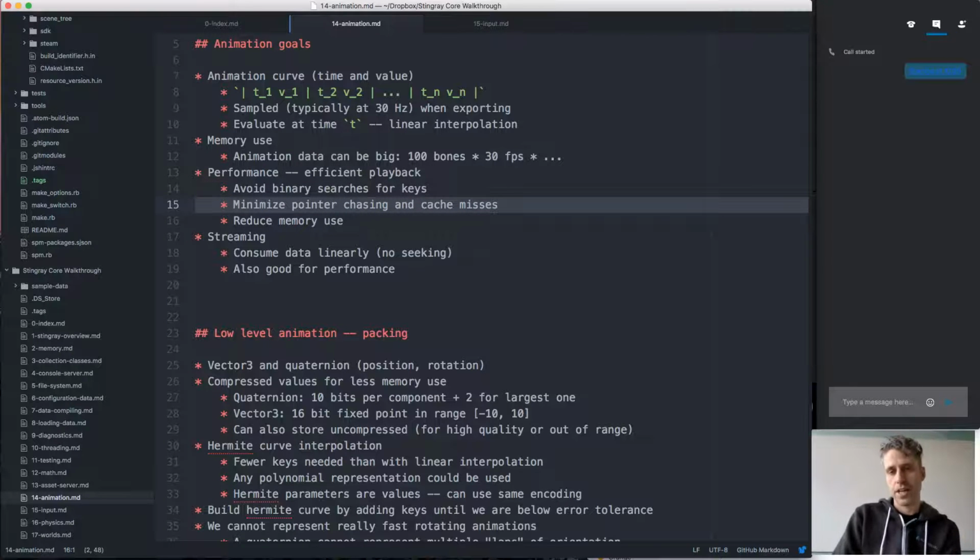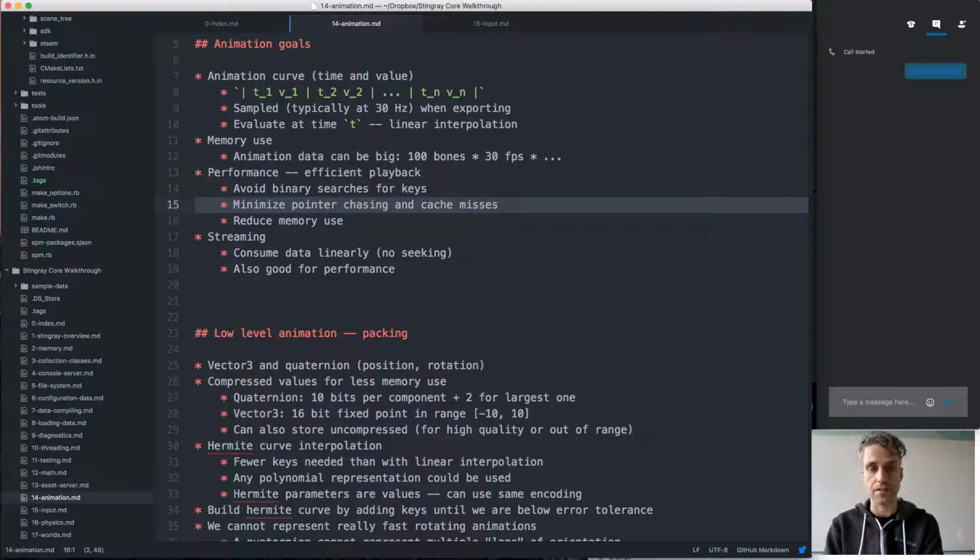We also want to minimize what is called pointer chasing and cache misses, which is basically just reading from a lot of different parts of memory. In modern computers, memory is often a lot slower than the CPU, unless you're hitting your caches. If you have to go out to main memory, then memory reads are really expensive.